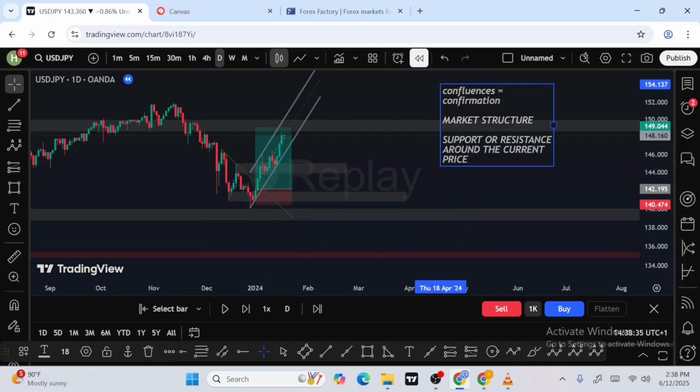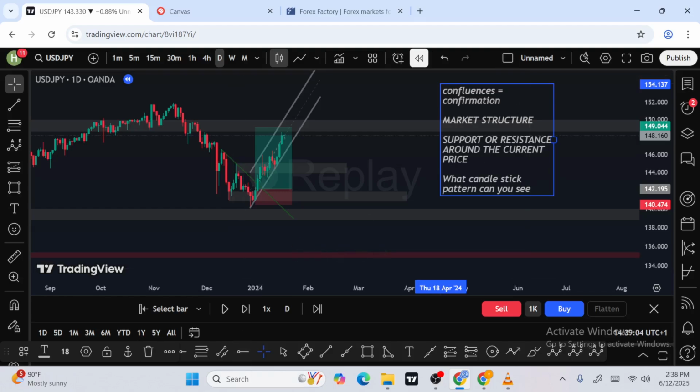So to now determine another confluence, after that, what candlestick pattern can you see? Are you following?